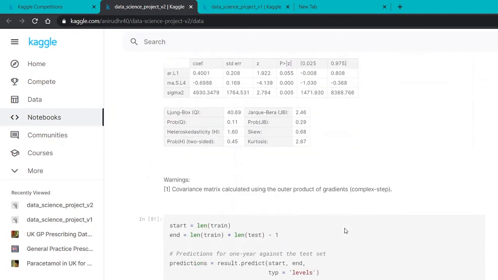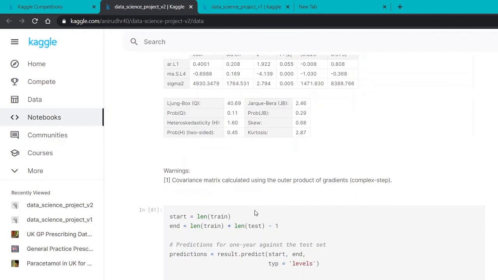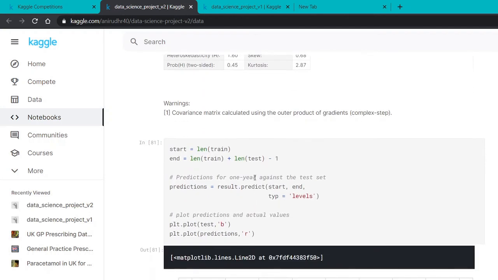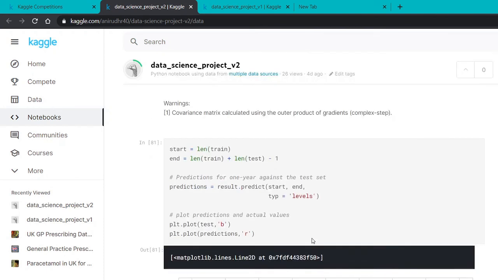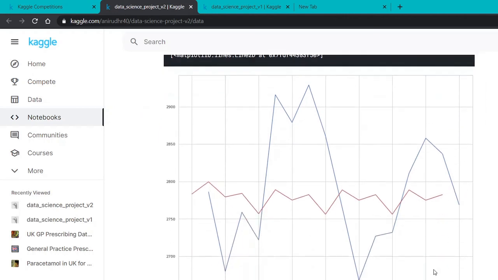Based on that, the model is trained on our training data, and now we are going to test it out on our testing set. This is the prediction out here, the testing set and the prediction. The blue line corresponds to the testing set, and the red line corresponds to the prediction.